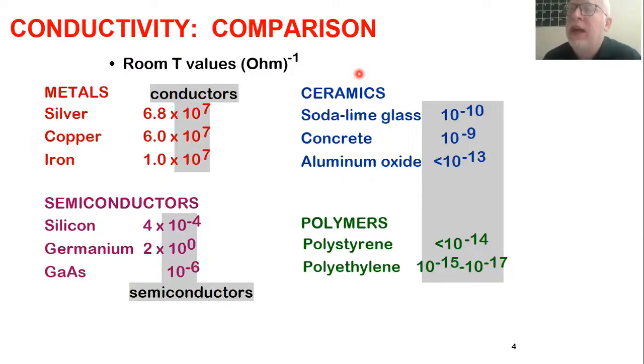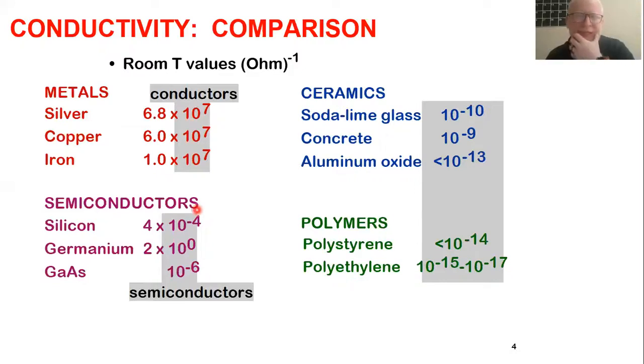All three terms have the same meaning. And then we have an in-between family, which has a conductivity not that high, but not that low. So we call them semiconductor materials. They are to some extent conductors, but they are not as good as metals.